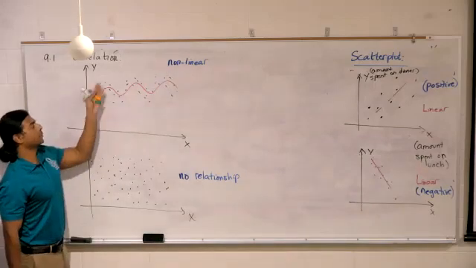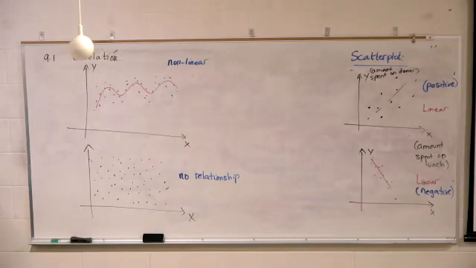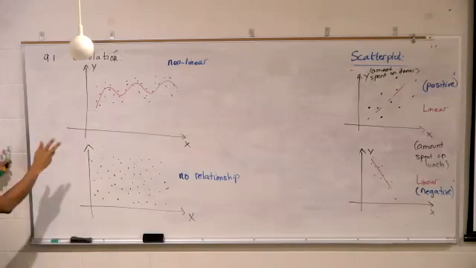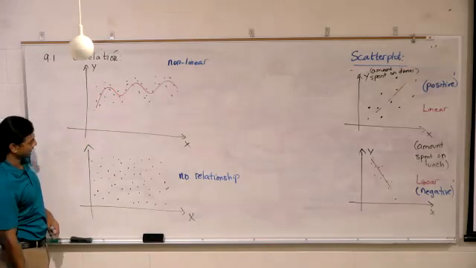For nonlinear relationships, we can identify the underlying pattern, but it is inappropriate to say positive or negative, because things can go up and down.